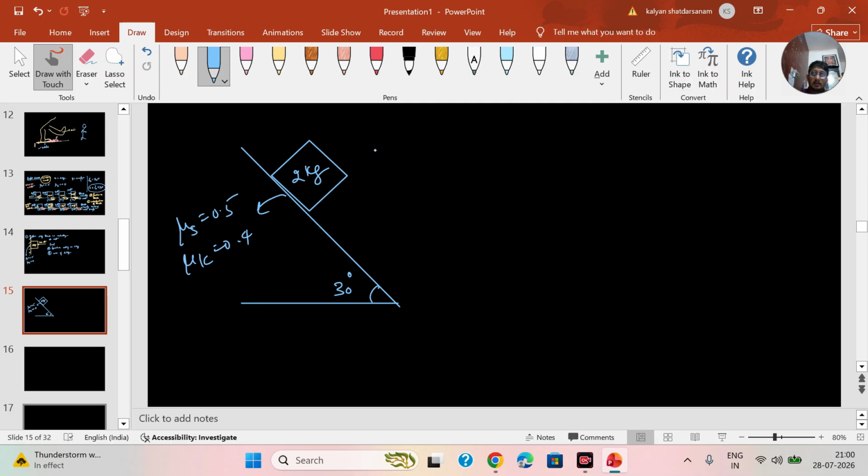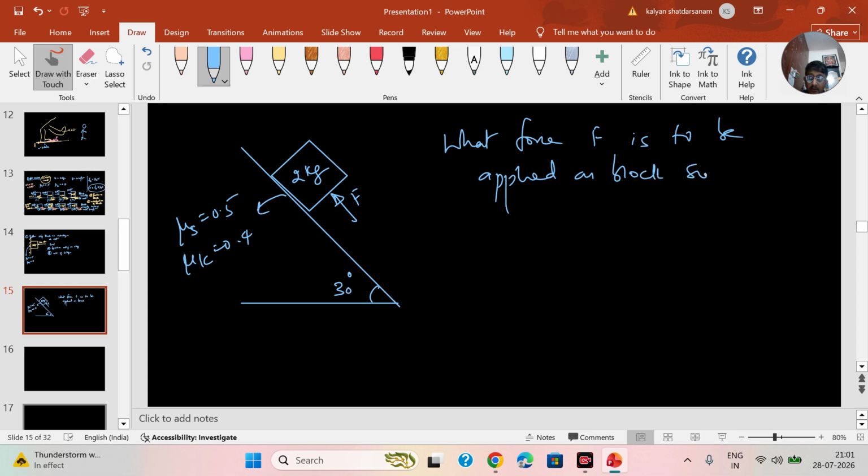Now, what force F should I apply on the block so that it does not slide down?